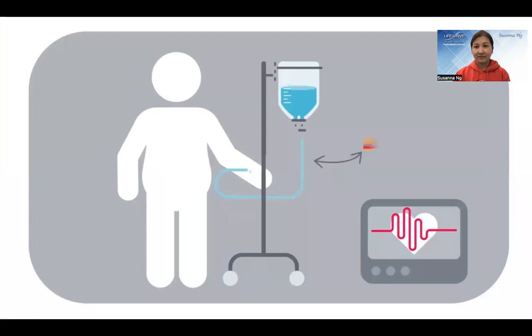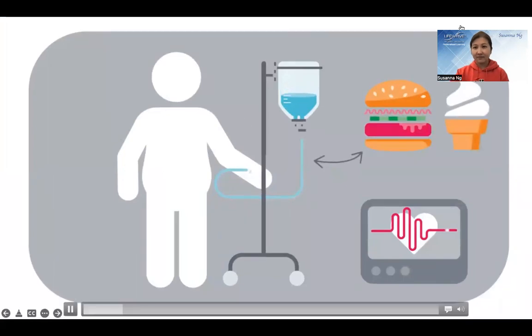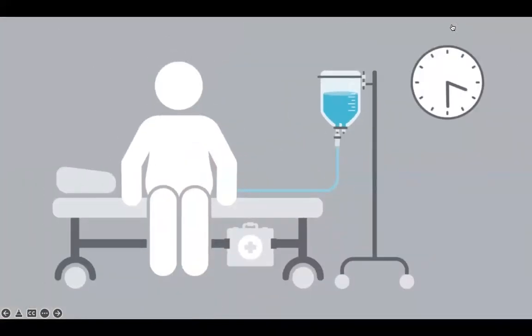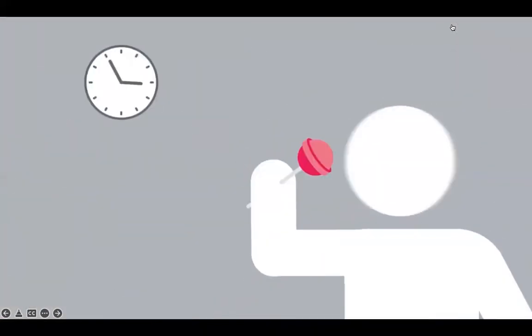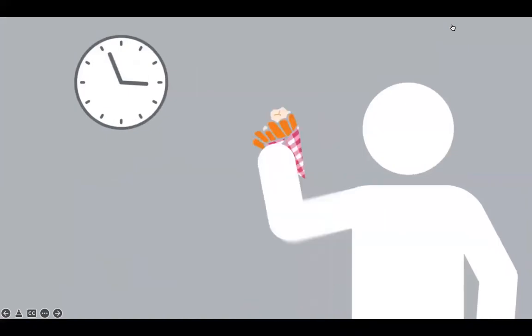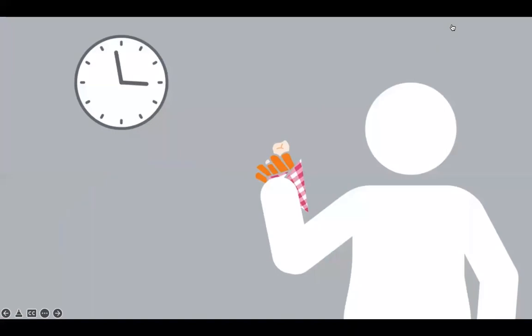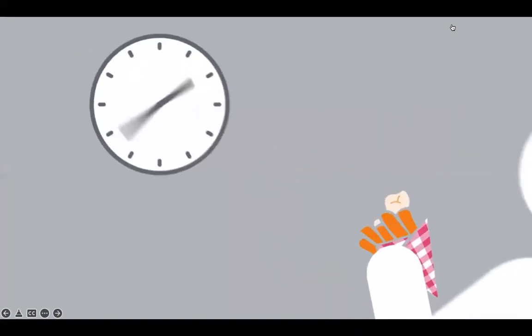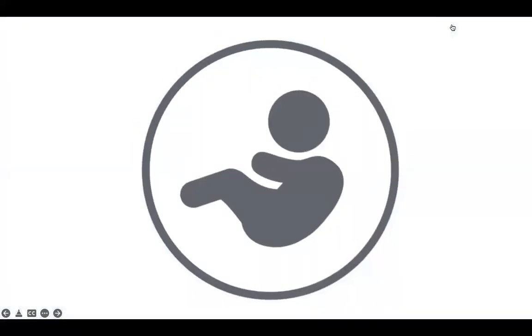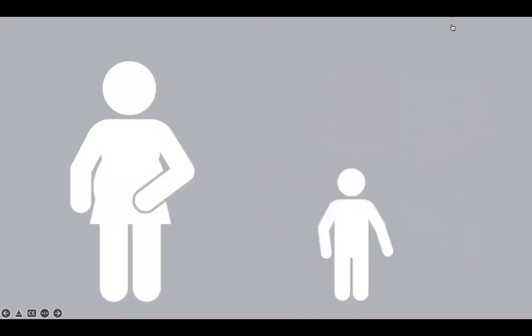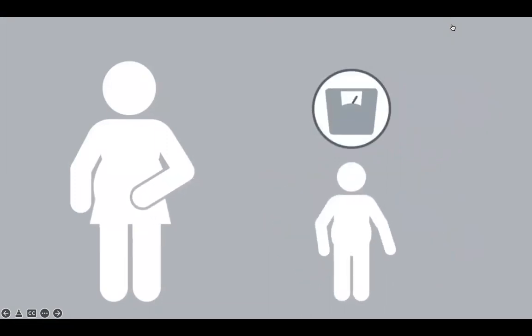Many health problems are related to poor nutrition and have significant effects on the digestive system. Most of these health problems can be linked to the long-term consumption of sugary and fatty foods, increasing our risk of being overweight or obese. This risk starts before we are even born. When pregnant women consume unhealthy foods containing excess amounts of sugar and fat, they are more likely to have overweight children and develop associated health problems.